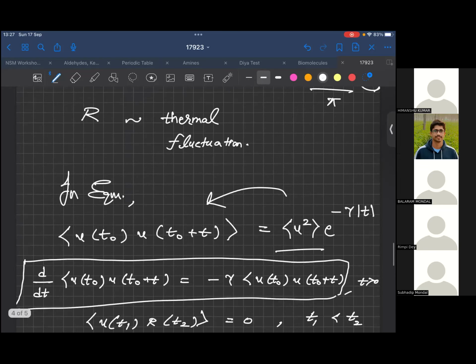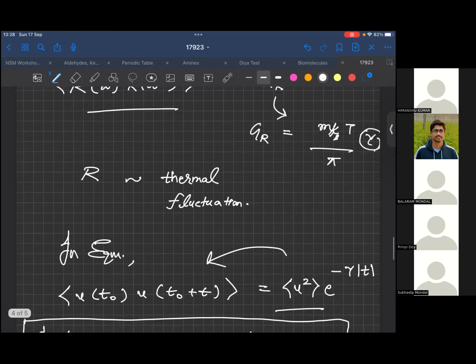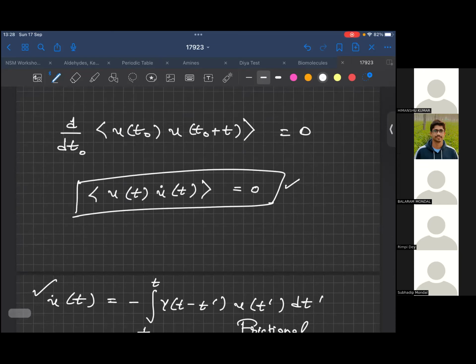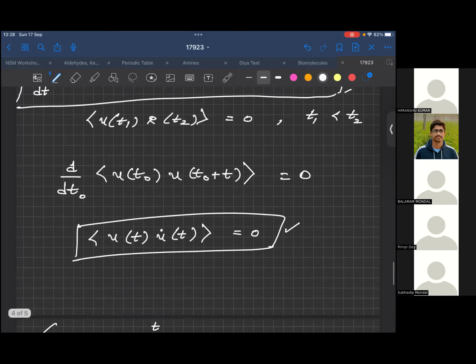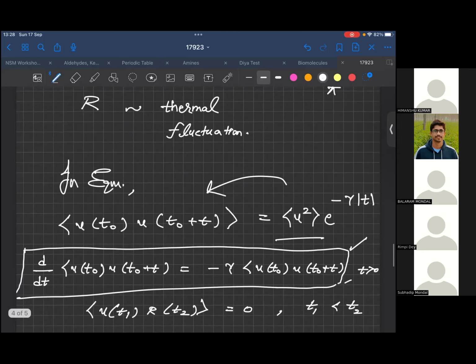At that time we didn't consider the correlation between the velocity and this random force, which created a contradiction between this expression and this expression, where one was saying that it should be a stationary process, so there should not be any correlation, it should be zero. But due to the presence of friction, where did it go? It cannot be zero for any time t greater than 0.